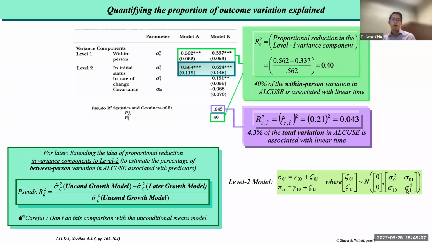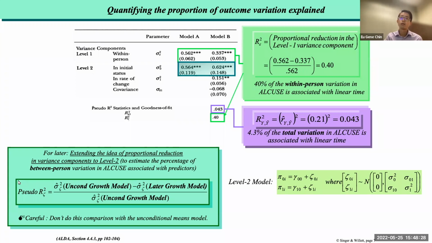So for each of these residuals, whether that be sigma squared subscript 0 or sigma squared subscript 1, you can calculate a pseudo R-squared based on the generic model over here to estimate the percent of between person variation in alcohol use that is associated with the addition of 2 or more level 2 predictors.